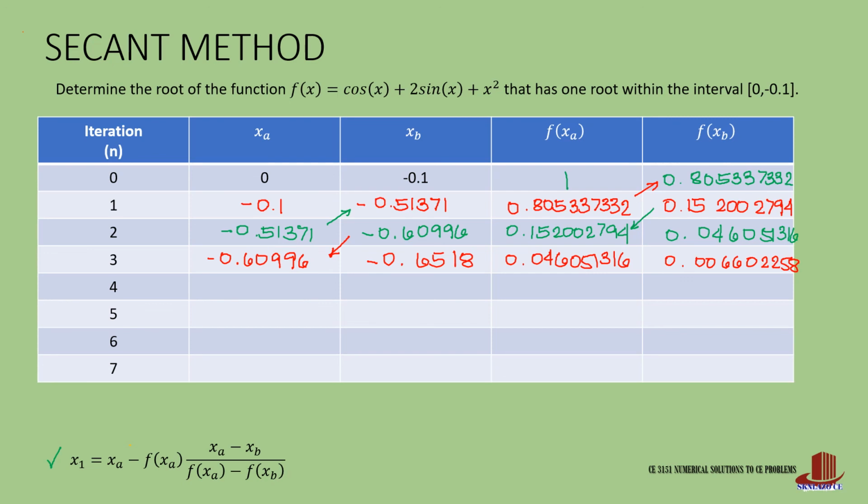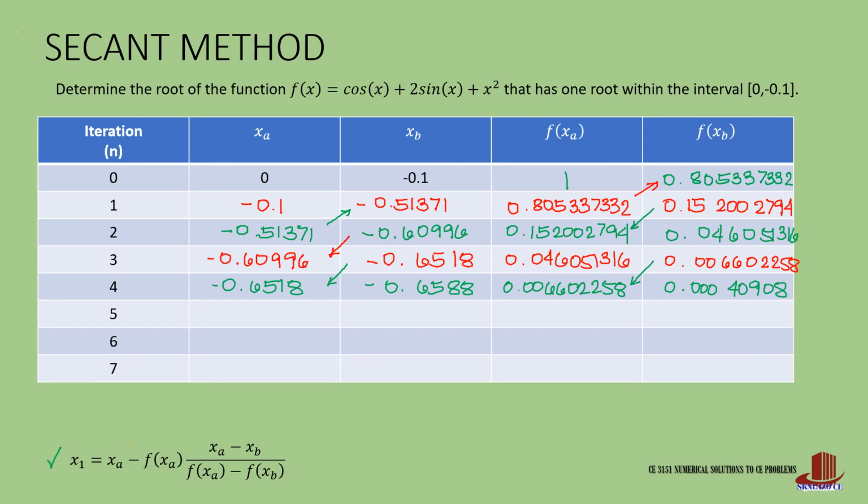The fourth iteration would still have the same process. Slide our values for x sub b and its function, and compute for our new x sub b. This time we have negative 0.6588, and its function would turn out as 0.000040908.